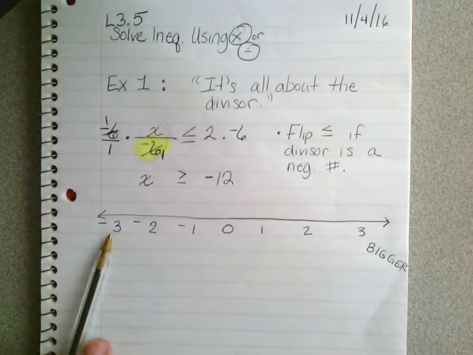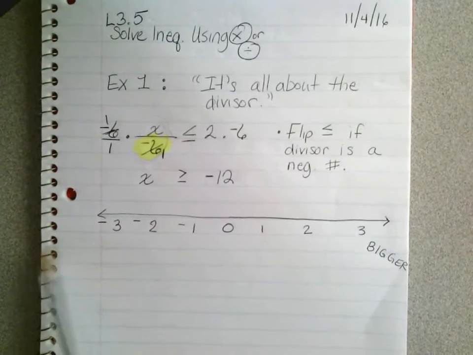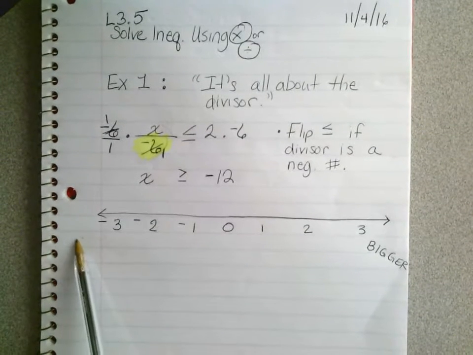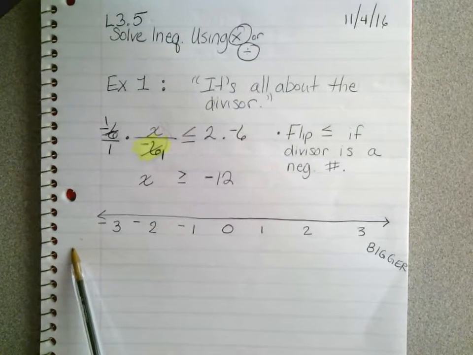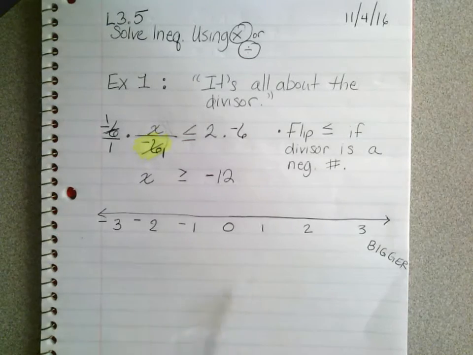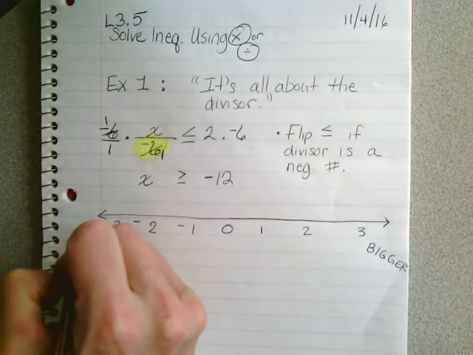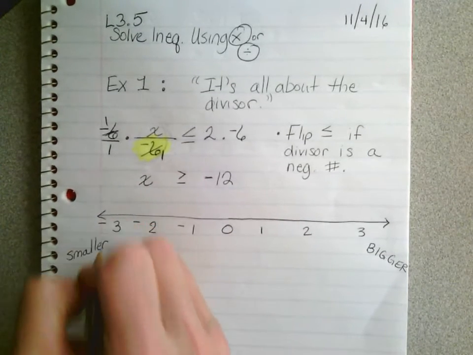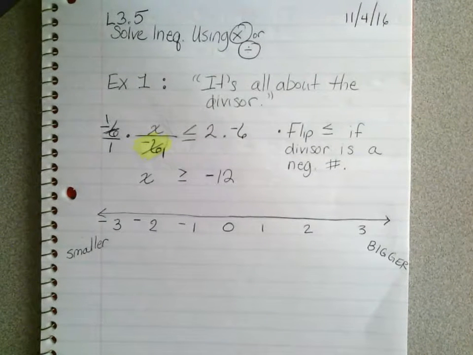In other words, the further away from 0 we go this way, the smaller we are. In contrast, the further away from 0 we go this way, the bigger we are. That affects division and multiplication and inequalities. I can go further into that, but we don't have time.